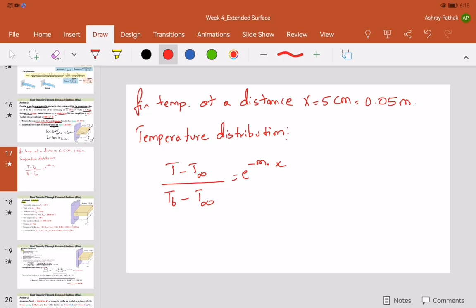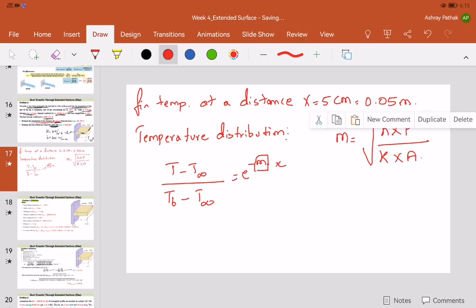This m is a constant, given by the formula root of h times P, the perimeter, divided by k times A, where A is the area of the fin and P is the perimeter of the fin.